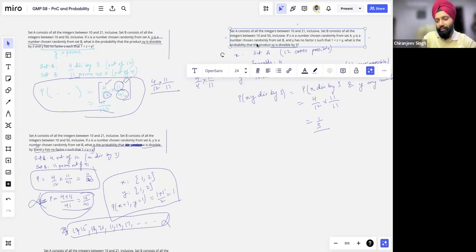You have already ensured that x is divisible by 3. So y could be anything. That is the difference. Questions, confusions, doubts?